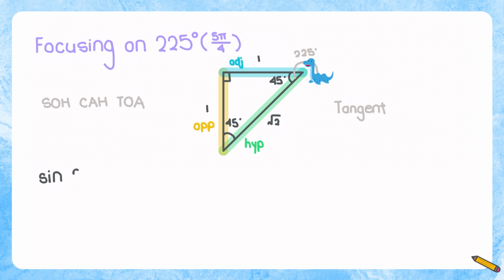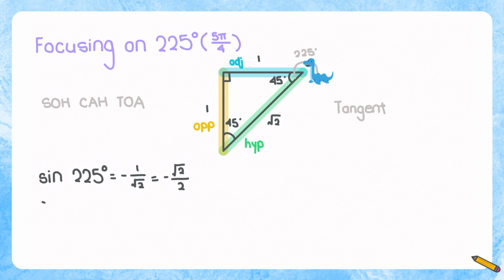So sine of 225 degrees is going to be negative since we're in quadrant 3. So we have negative 1 over radical 2, which if we rationalize the denominator, we get negative radical 2 over 2.